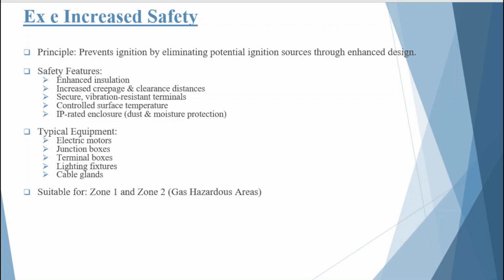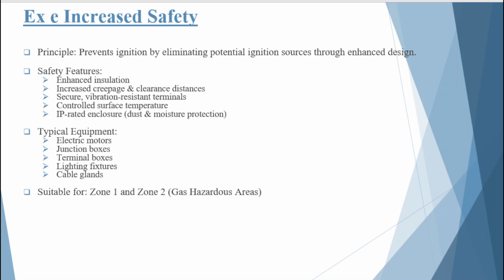Because XE equipment is designed to prevent ignition, it is commonly used for electric motors, junction boxes, terminal boxes, lighting fixtures, and cable glands, as shown on the slide. This protection method is suitable for Zone 1 and Zone 2 gas hazardous areas, where equipment must operate safely without becoming a potential ignition source.